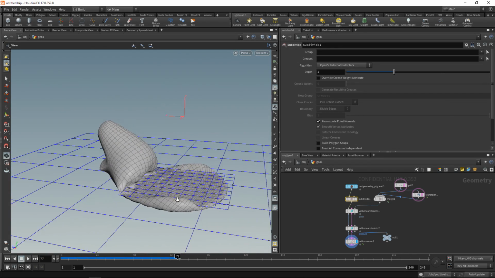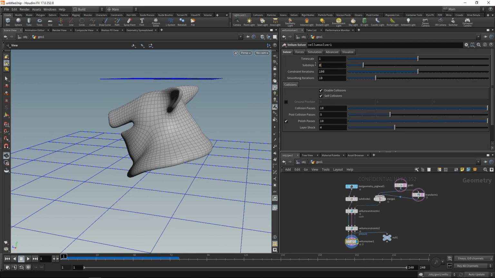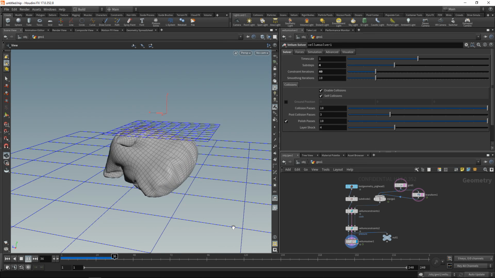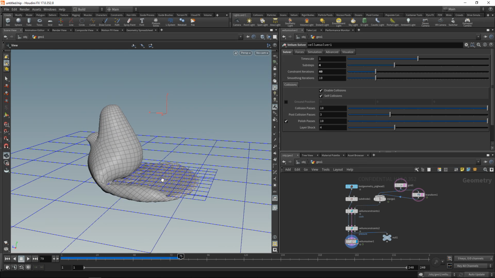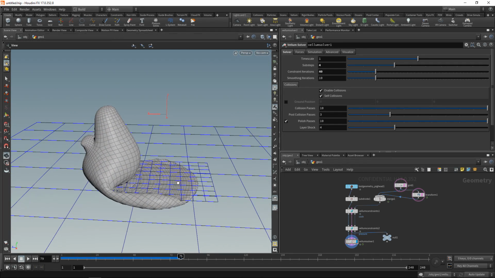So again, let's increase the substeps, double it to 4 substeps, and resim the whole thing. And maybe what we could do instead is try dialing down the constraint iterations and have the substeps compensate for that. Let's again check how that worked out. And yeah, that seems to have fixed it.